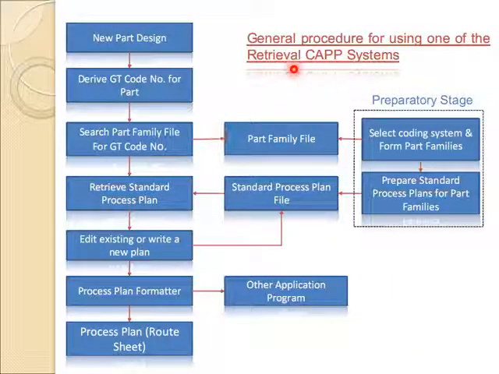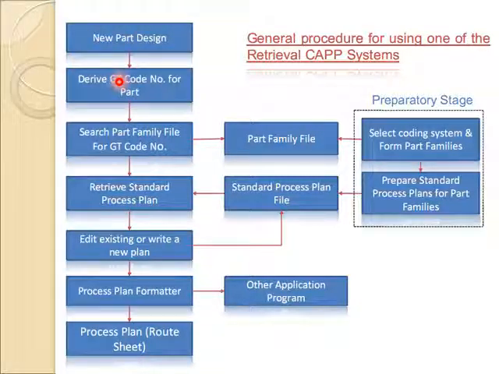In this sequential diagram, we can understand the general procedure for using a retrieval CAPP system. In the first step, we take a new part design. Then for that part, we derive or calculate the GT, group technology code, because we match the part code number with the existing codes.